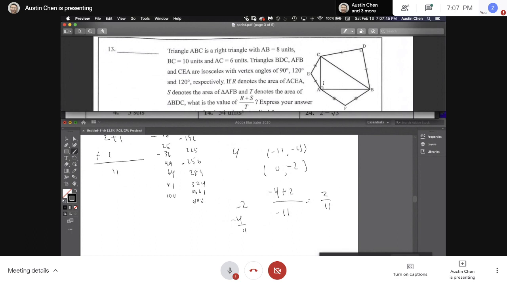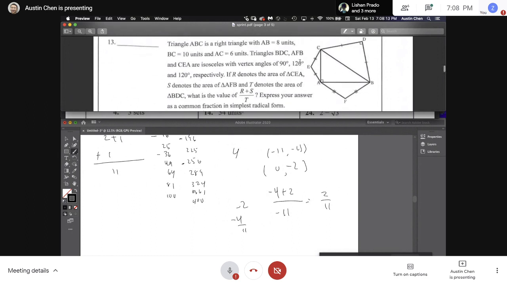Triangles BDC, AFB, and CEA are isosceles with vertex angles of 90, 120, and 120 respectively. If R denotes the area of CEA, S denotes the area of AFB, and T denotes the area of BDC, what is the value of (R plus S) over T? Express your answer as a common fraction in simplest radical form.